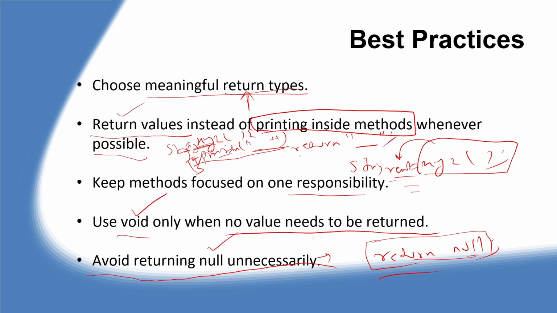We can also use objects, arrays, collections for multiple return values. We have also seen the common mistakes we make and the best practices we should follow in our coding. We explored Java return types and learned how methods can return different kinds of values, from primitives to objects and collections.